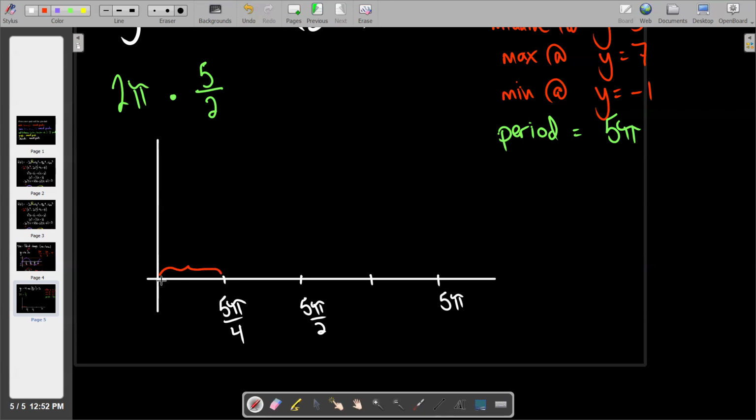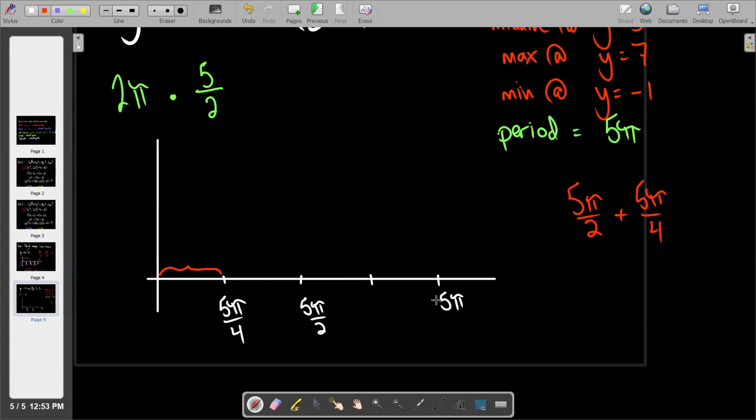Would you agree that that thing that I just highlighted in red is a fundamental building block of this whole thing? That it takes one of them to build this and another one to build this and another one to build this. So if you want to know what's halfway in between here, take the starting point, 5 pi over 2, and add that fundamental building block of 5 pi over 4.